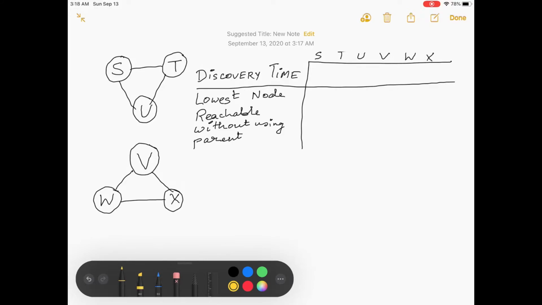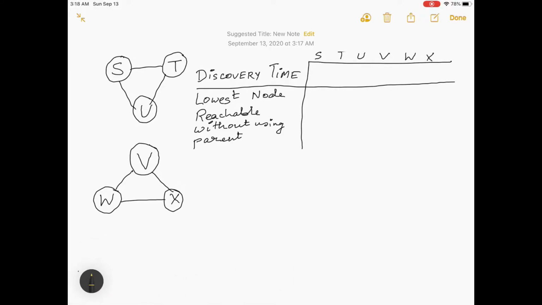We get two disconnected components, and this also we have covered in the articulation points discussion: what could have prevented the graph from getting disconnected.